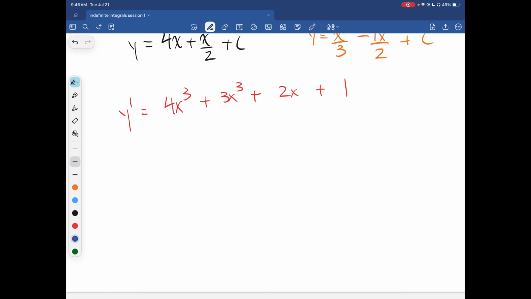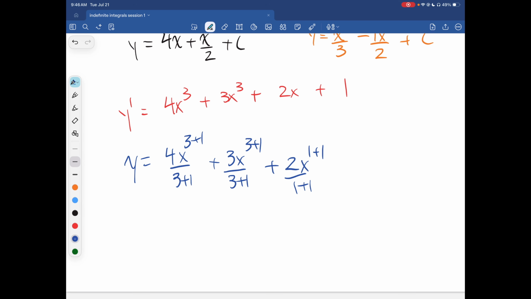And finally, we have y equals 4x to the 3 plus 1 over 3 plus 1, plus 3x to the 3 plus 1 over 3 plus 1, plus 2x to the 1 plus 1 over 1 plus 1, plus 1 times x to the 0 plus 1 over 0 plus 1.